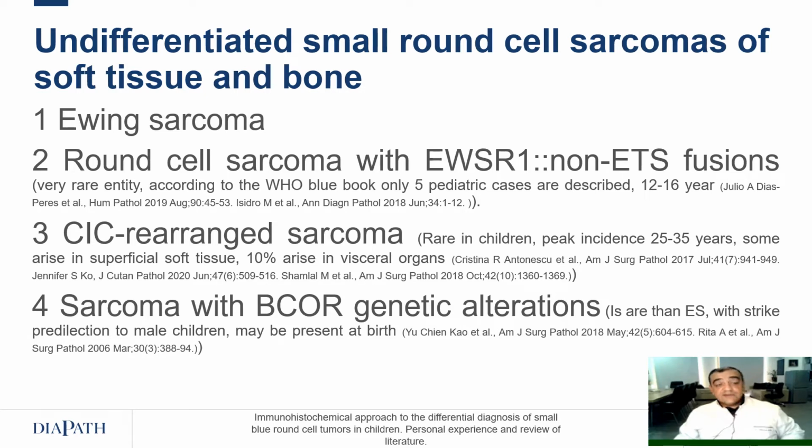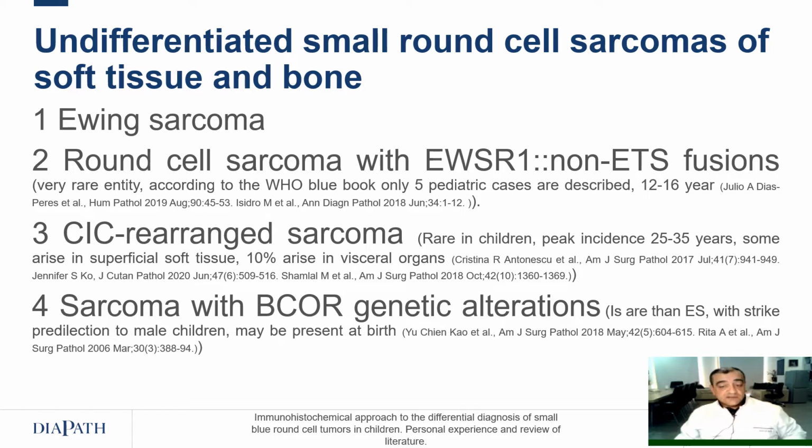And another 3 names of this group are the so-called round cell sarcomas with EWSR1 and non-ETS fusion tumors. Fortunately, those are very rare cases, and according to the latest WHO book, only 5 pediatric cases are described.